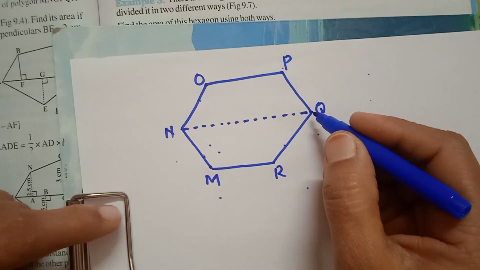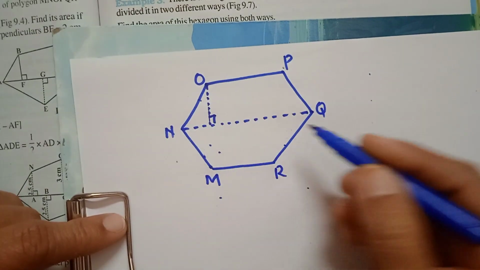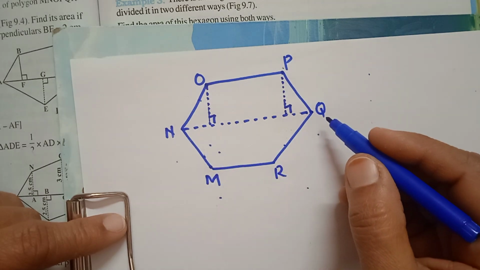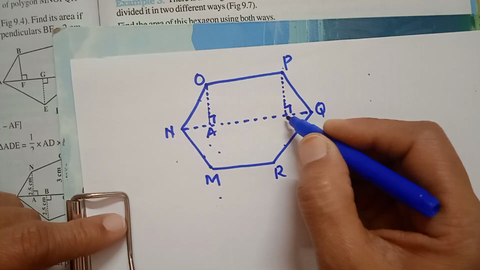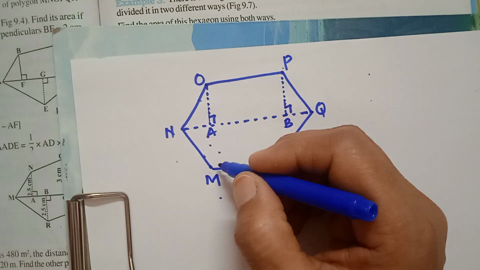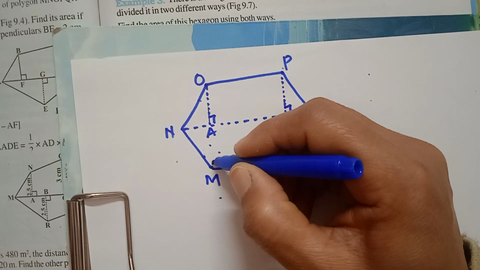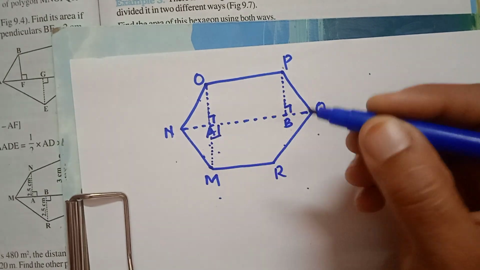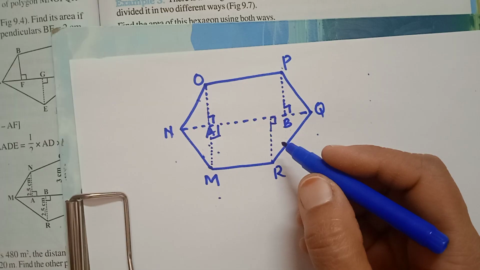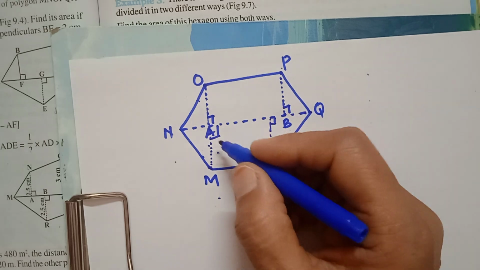So now what you have to do, from this O you have to draw a perpendicular to NQ. Again from P you have to draw a perpendicular to NQ. You name these as points A, B, and then from here also you can draw perpendiculars. You name them as some other points like A, B, C, D.